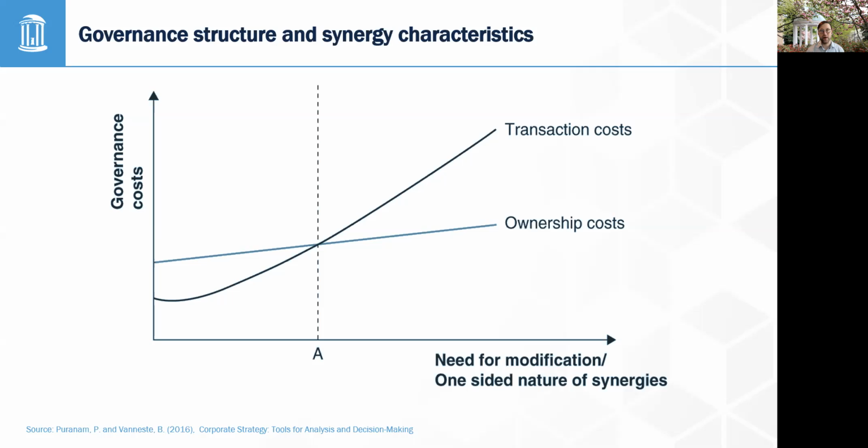Two things really drive each of these costs. One is the need for resource modification, and the other is whether the synergies being created are one-sided or two-sided. As the need for resource modification or one-sided synergies increases, that increases transaction costs relative to ownership costs.